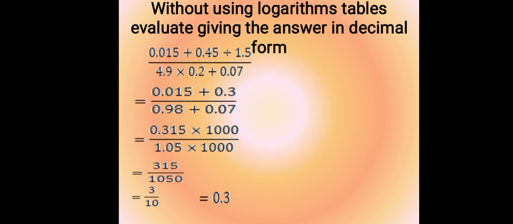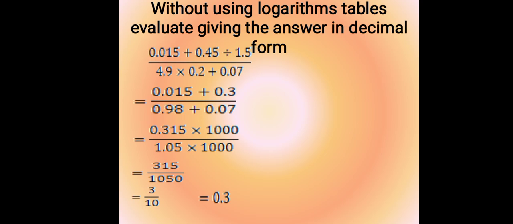Now we shall work out the division part first for the numerator and the multiplication part first for the denominator. So 0.45 divided by 1.5 gives 0.3. And then 4.9 multiplied by 0.2 gives 0.98. So our new sum becomes 0.015 plus 0.3 all over 0.98 plus 0.07.